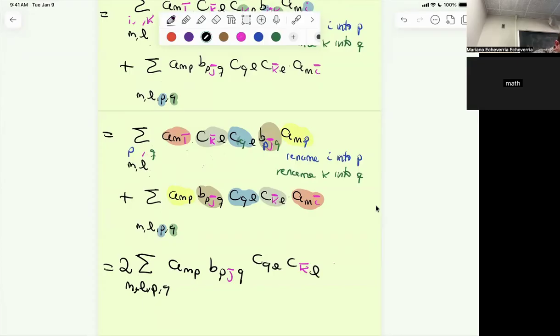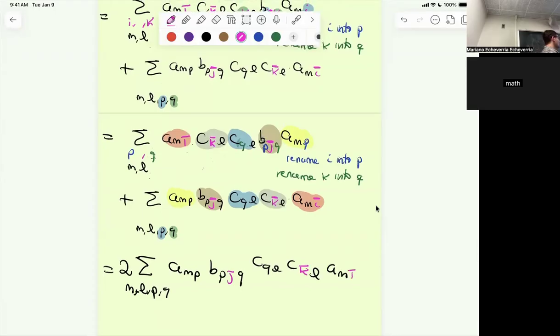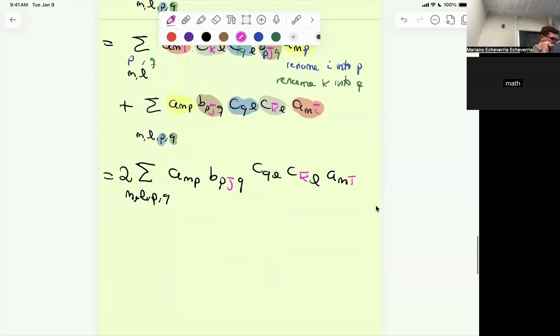We're almost done, and perfect timing. And that I can interpret: it's 2 times this thing, as in the diagram.